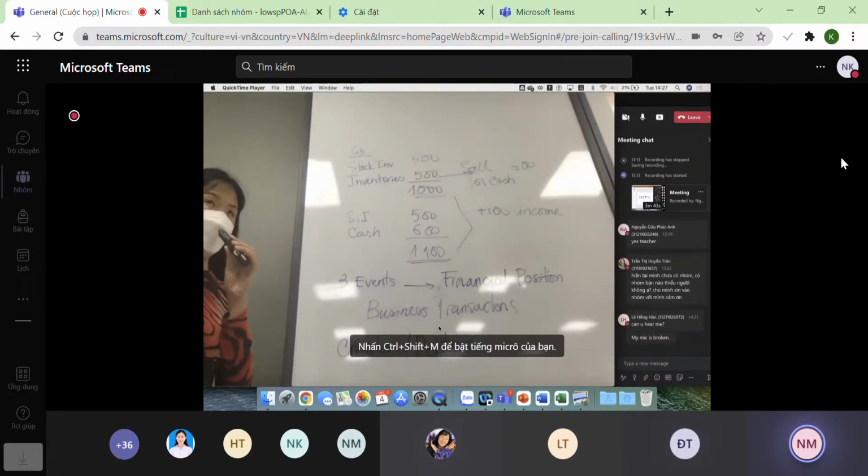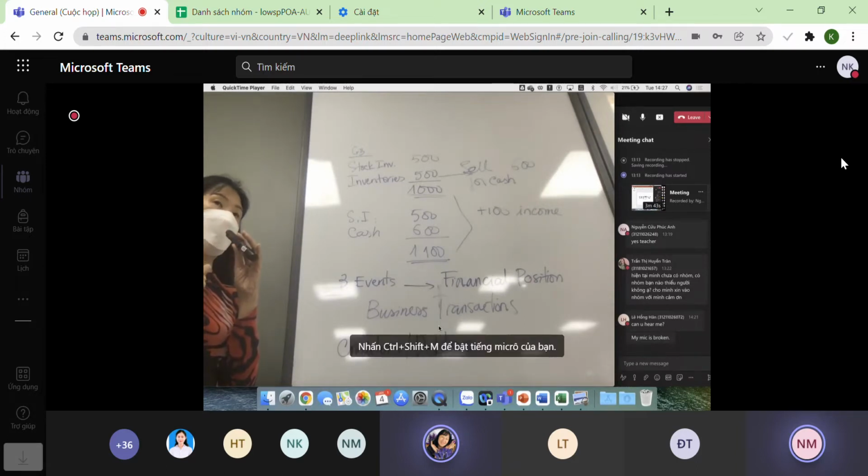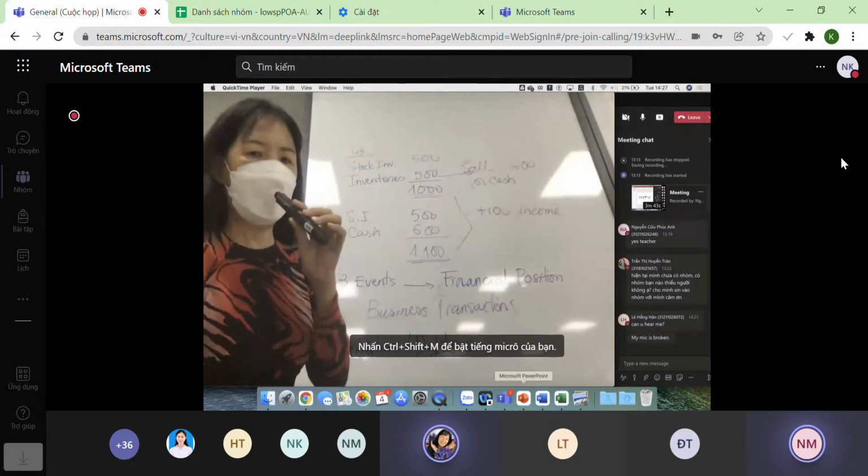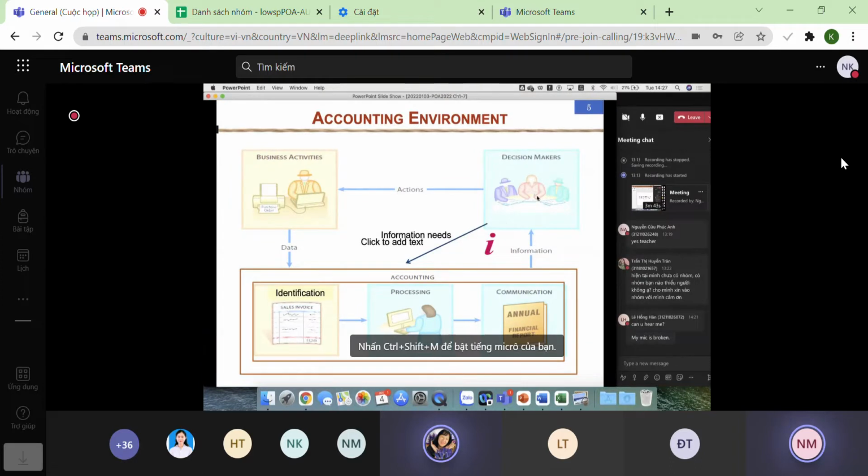Different, right? So the accounting system divides information users into two groups. You can take note from here. There are two groups of decision makers.